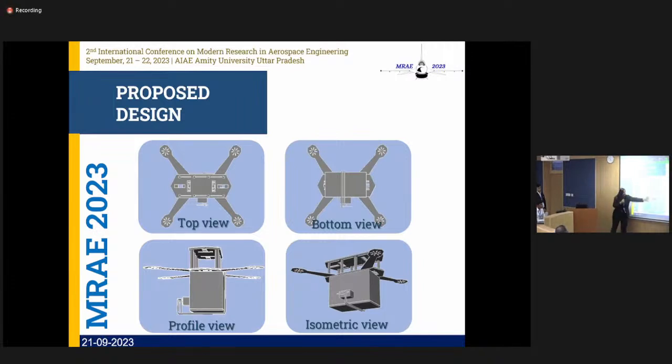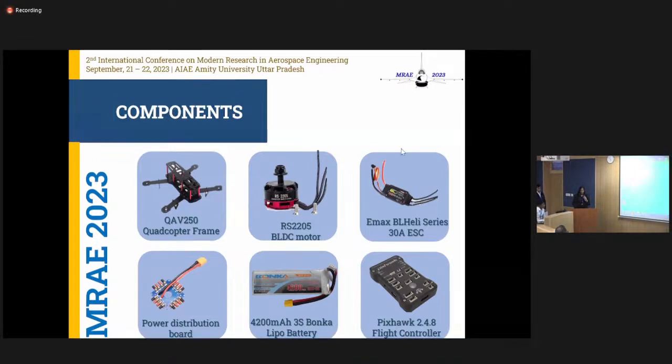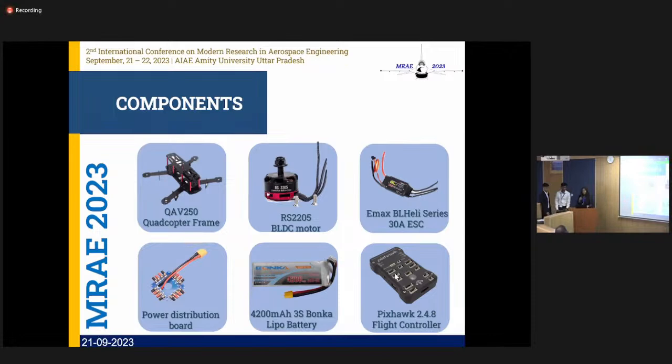This top part is the main frame, and this bottom part is the payload dropping mechanism, which I'll be explaining in a while. This is the CAD model. These are the components which we use. We used a carbon fiber frame, Pixhawk for the flight controller, and for the camera, we use an ESP32 camera module.